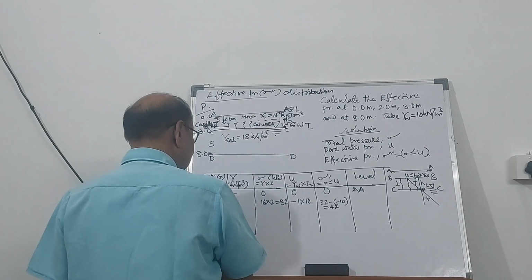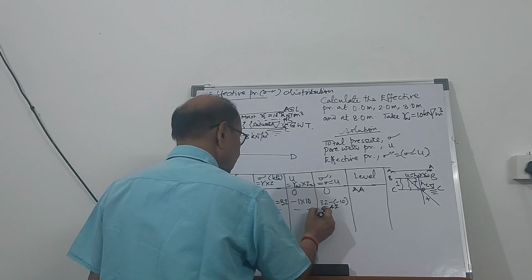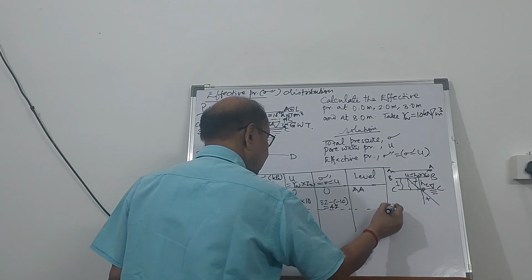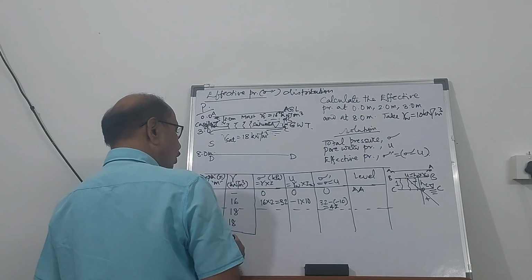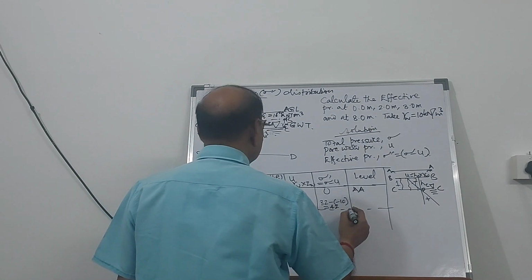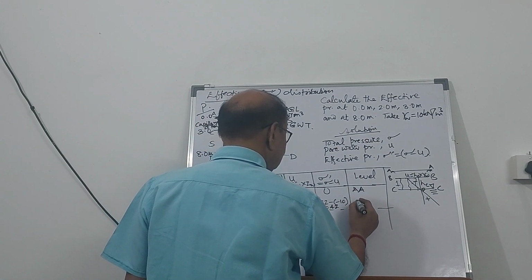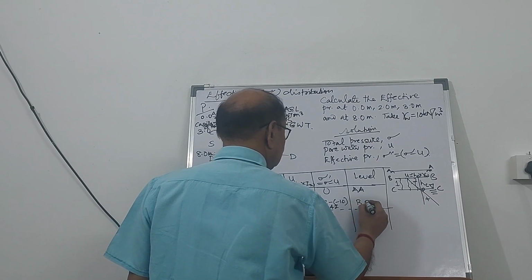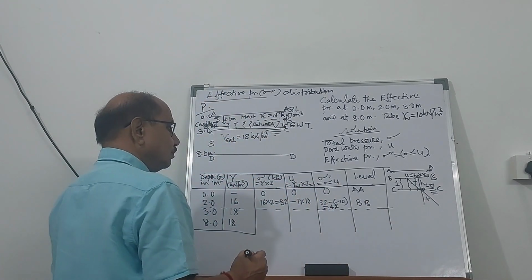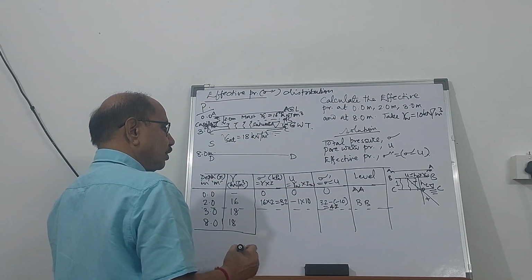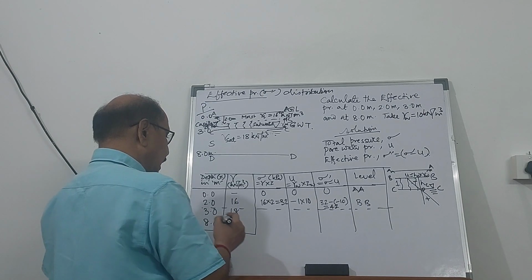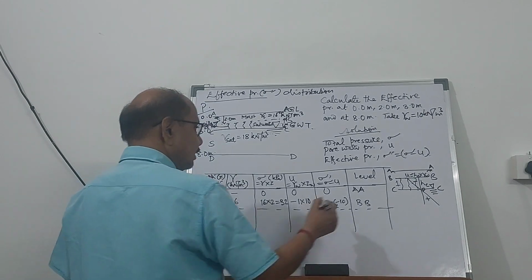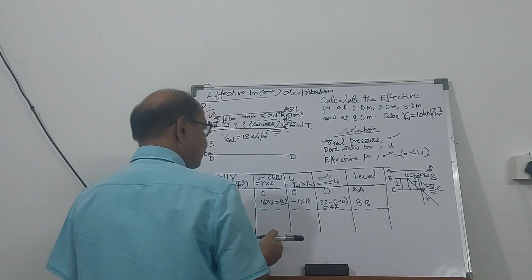So at 2 meter, the effective pressure is going to be 42 kilopascal, and this is at level BB, the pore water pressure. And at CC, that is at 3 meter.